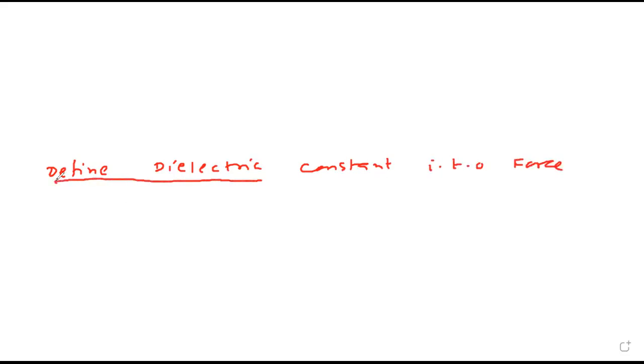One, we got the ratio of permittivity of any medium to the permittivity of free space or vacuum is called dielectric constant or relative permittivity. Same thing I want to write in force.